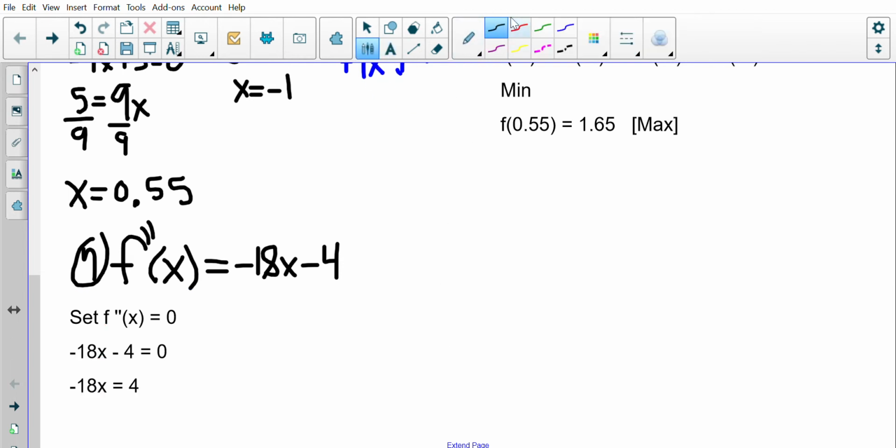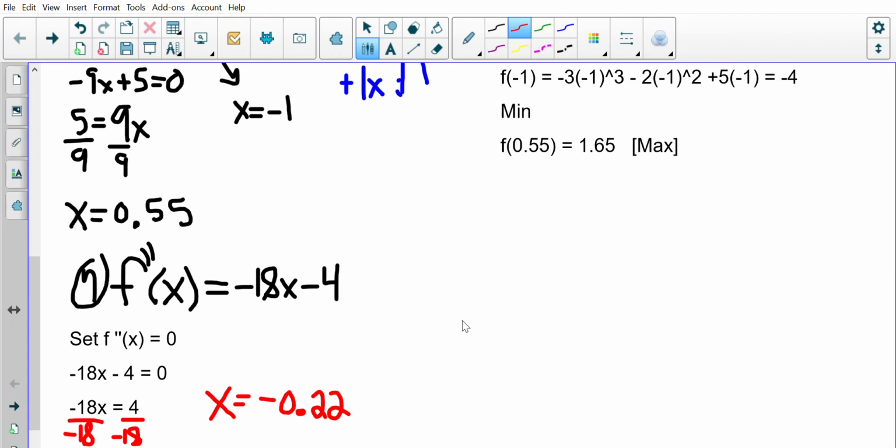Changes sides, changes signs. And lastly, I'm going to divide by -18. So I get one possible inflection point here: I take 4 and divide it by -18, and I get x = -0.22. So that's again a possible inflection point.